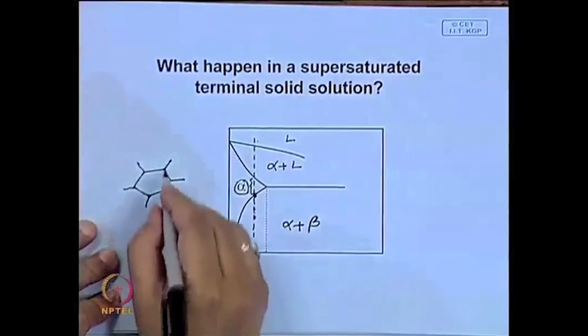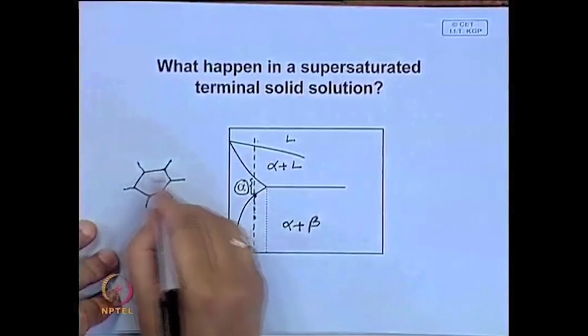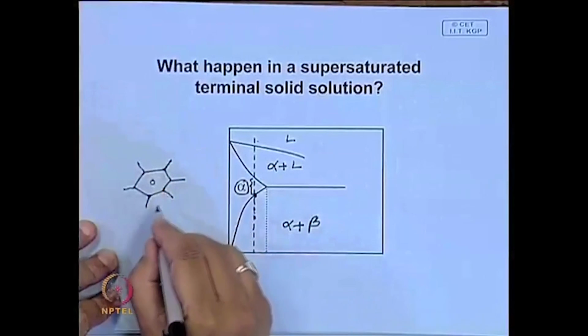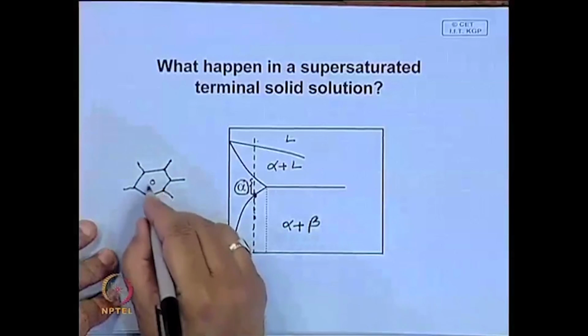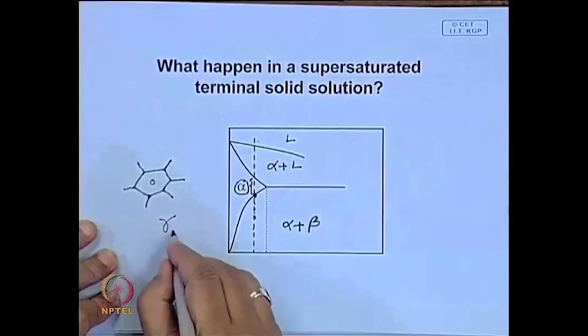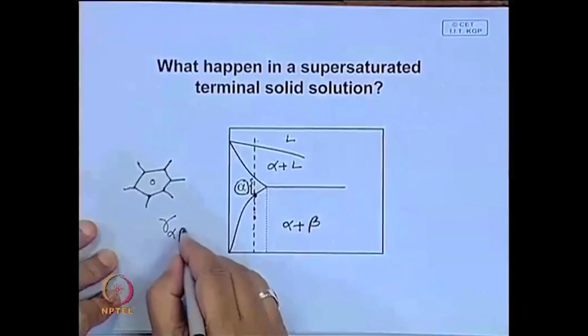Now, beta will try to nucleate and we will see where it will nucleate. If it nucleates somewhere here, you will have a new surface being created and this surface will have an energy associated with it.